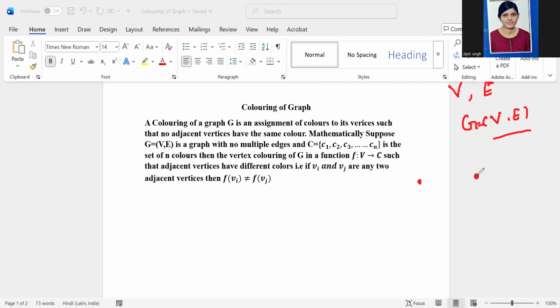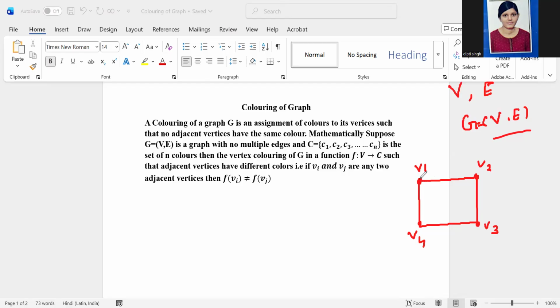How can you see here, if we have a graph like this, there are four vertices and four edges. Which vertices are adjacent to each other? Adjacent vertices means that if there is an edge between two vertices, then these two vertices are adjacent to each other.